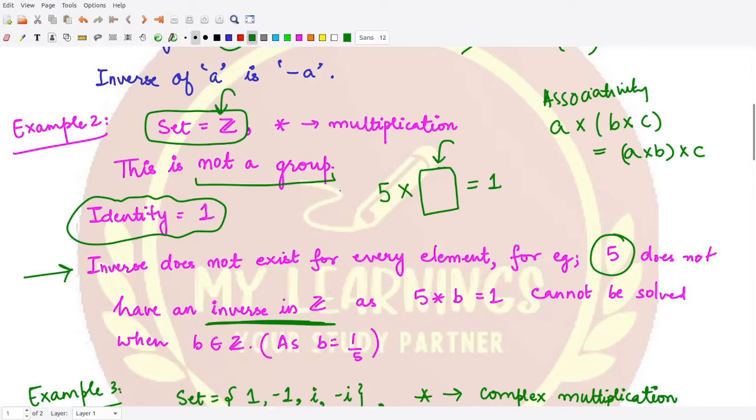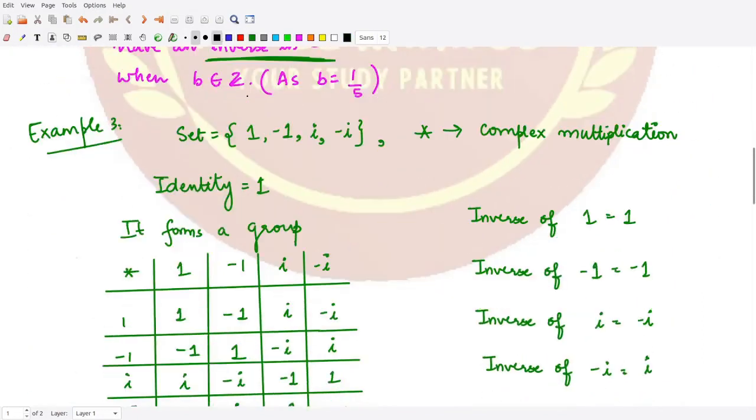The answer that comes to your mind is 1 by 5, but 1 by 5 is not a member of the set of integers. Instead it is a member of the rational numbers. Therefore for every element we do not have an inverse in the set of integers, so it is not a group. Moving further, let's see this example.